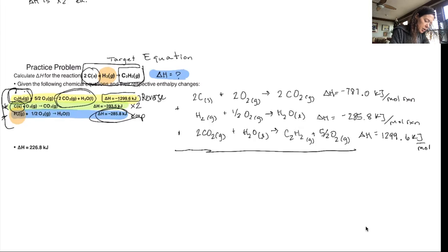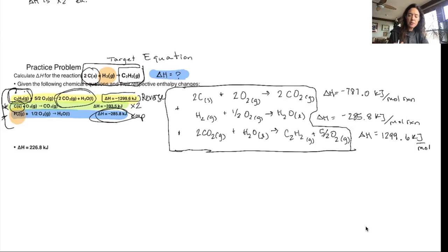So what I'm going to do is ensure that my overall equation at this point is actually the same as my target equation to ensure that I have not made a mistake. I'm going to do that by canceling and adding, like canceling opposite terms, if that makes sense. I don't know if that's what you do in science.